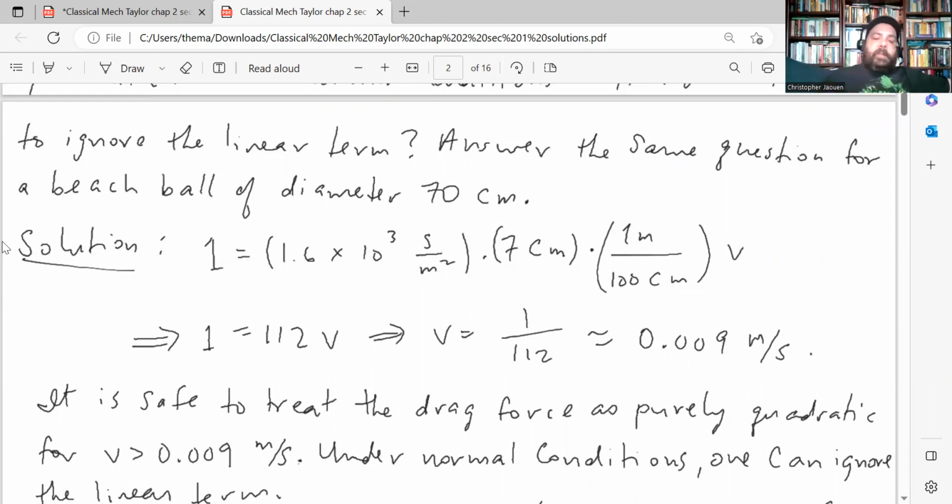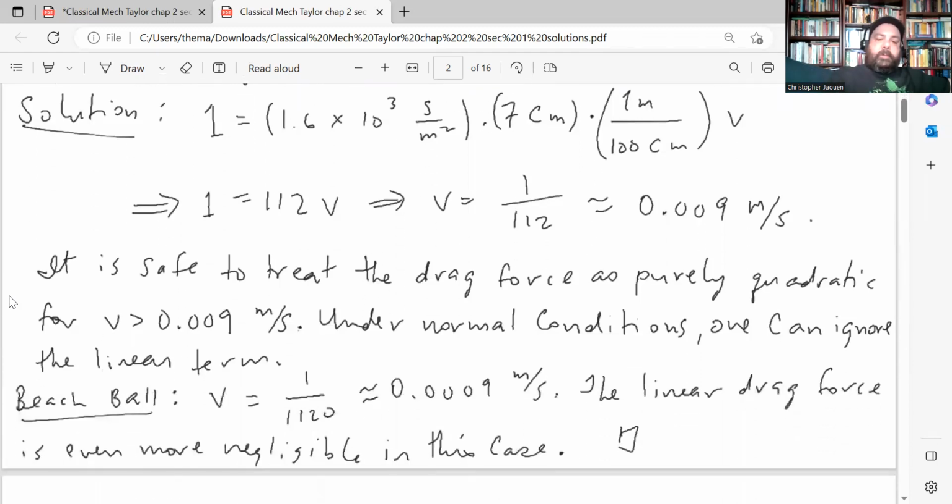All right, and then the range of values for which you can do this is anything greater than 0.009 meters per second, because that will give you a ratio that's bigger than 1. But since that's such a small speed, under normal conditions in most cases you can ignore the linear term for something like a baseball.